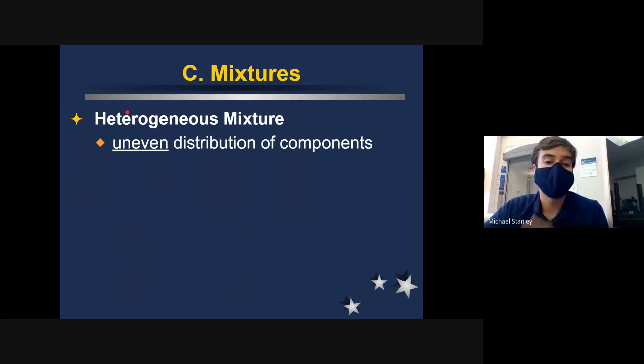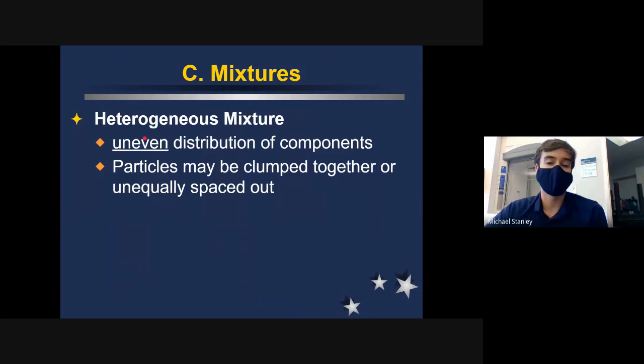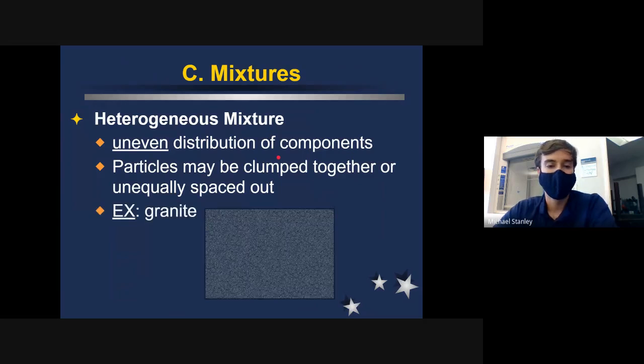So in a heterogeneous mixture, we have an uneven distribution of components. Some areas might have particles that are closer together. Some areas may have more of one type than another type. Some areas might have them really spread out and far apart. So heterogeneous is uneven, unequal. You don't have the same mix of particles throughout your entire matter.